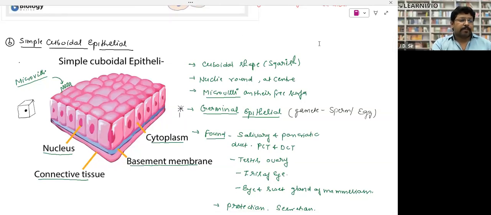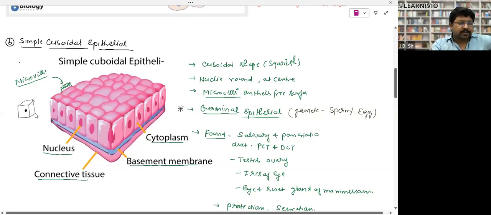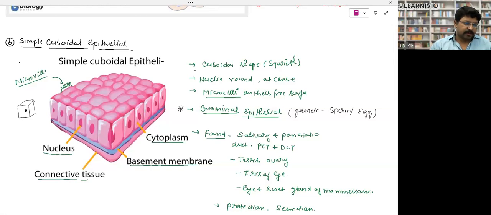Yes, sir. Please draw the diagram, not the complete diagram, this kind of diagram, and make this microvilli-like structure.